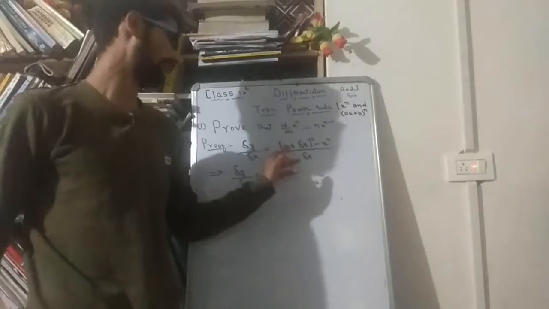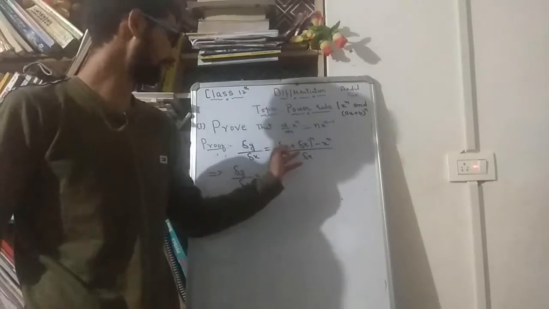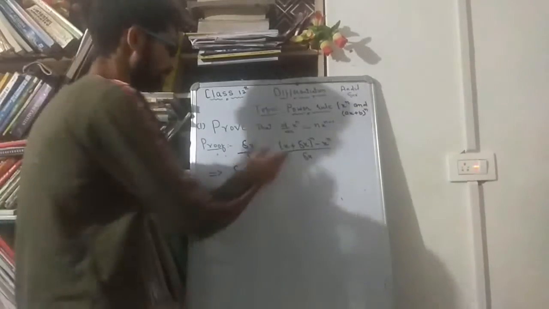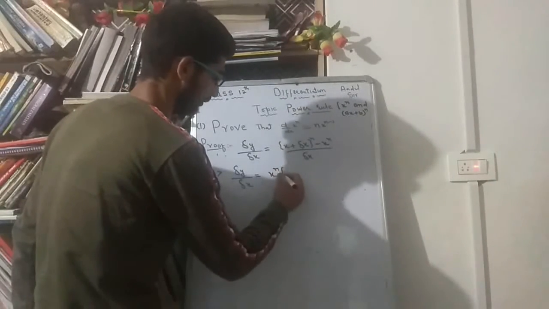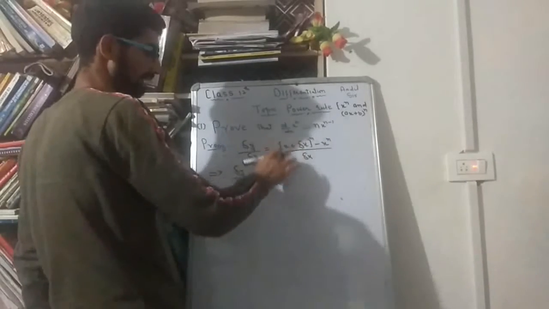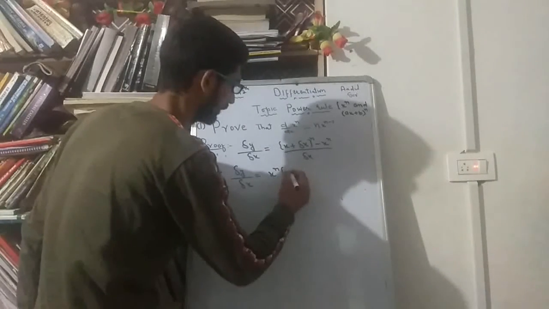It will be equal to, now we will factor out this x from this x plus del x. So it will come out as x raised to the power n because the power is n. So inside, if this x^n is here, you just write down another step.